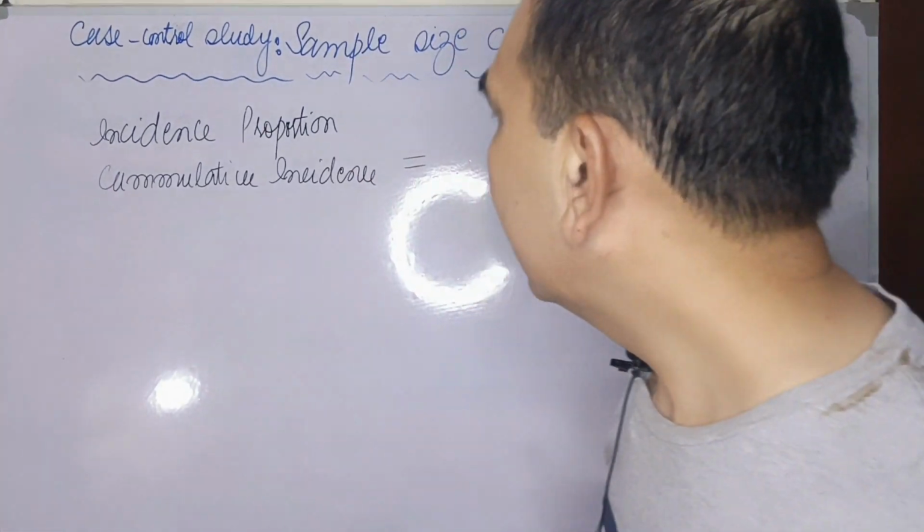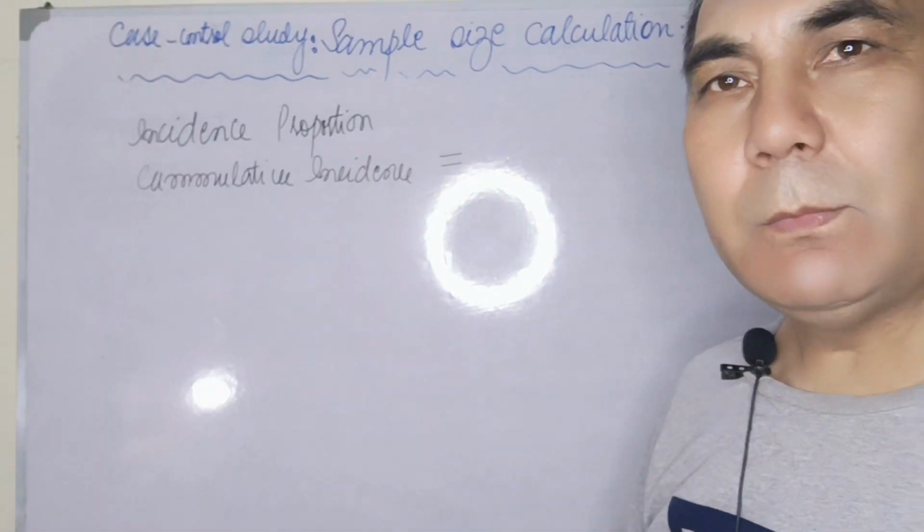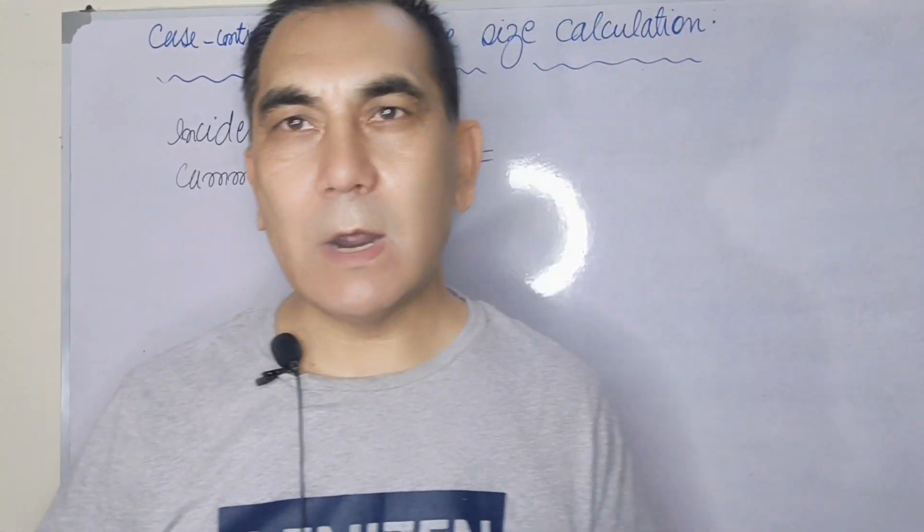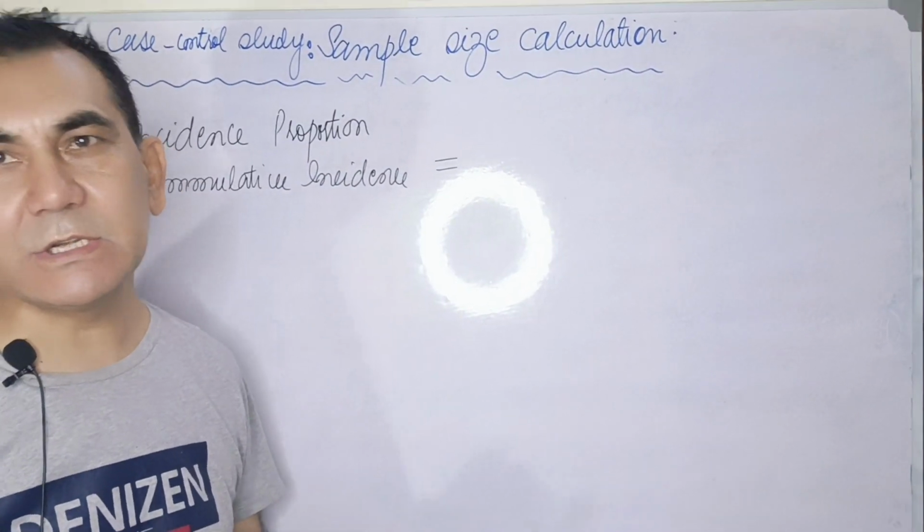Now, what will be the formula for the cumulative incidence or incidence proportion?